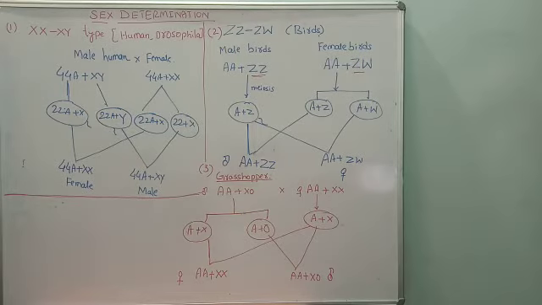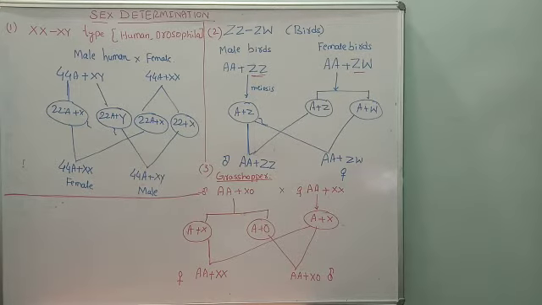For that, we should understand the type of chromosomes present in the human male. Here you have to add one line: the male is heterogametic. What happens when the male is heterogametic?